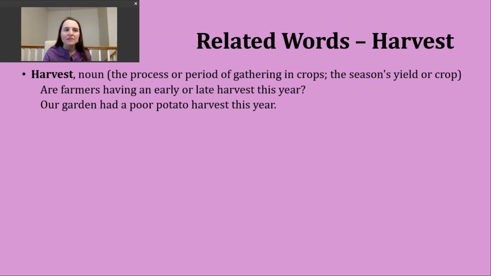Okay, so an example of this in a sentence might be, are farmers having an early or late harvest this year? So in different parts of our world, there are different time periods where it's considered to be good to gather the crops. A second way, and very much connected here, is when people use the noun harvest, they might be talking about sort of the quantity or the quality of a crop.